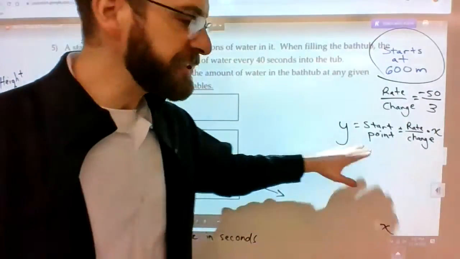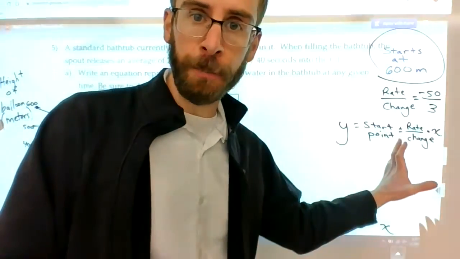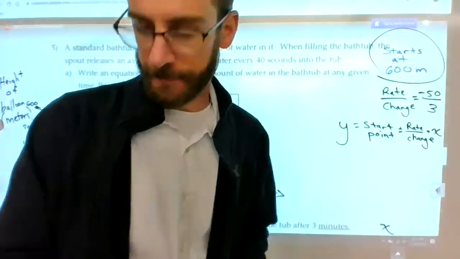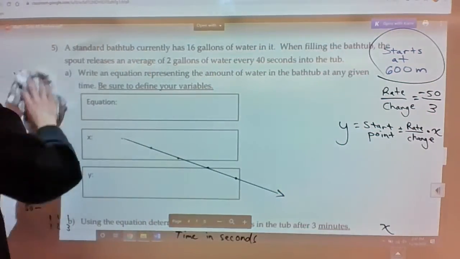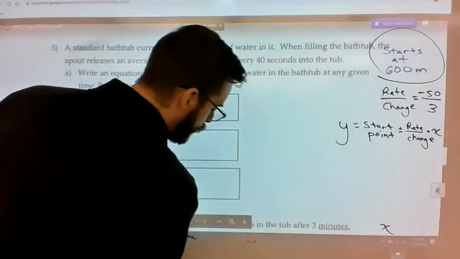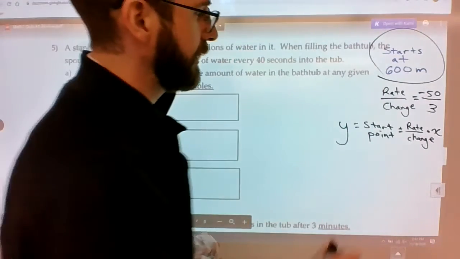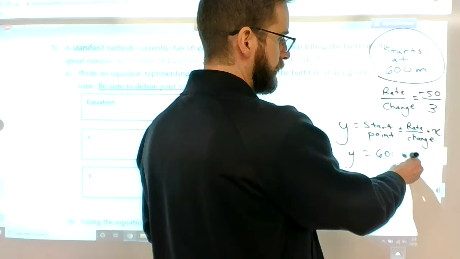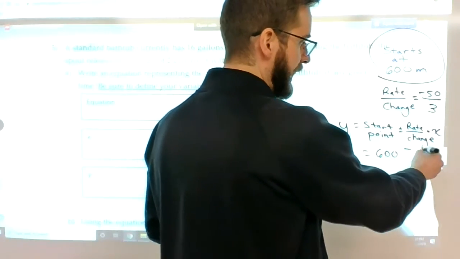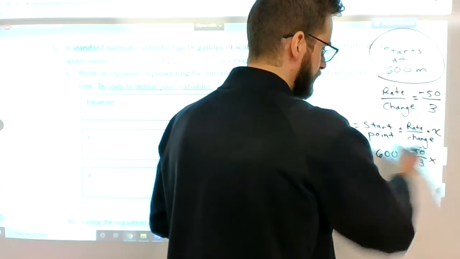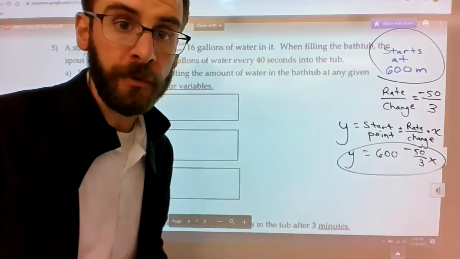So this is our basic prototype, our formula that you plug into to get the equation of a line. So the equation of the line we graphed would have been y equals 600 minus, because it's going down, 50 over 3x. That would be the equation for number 3.